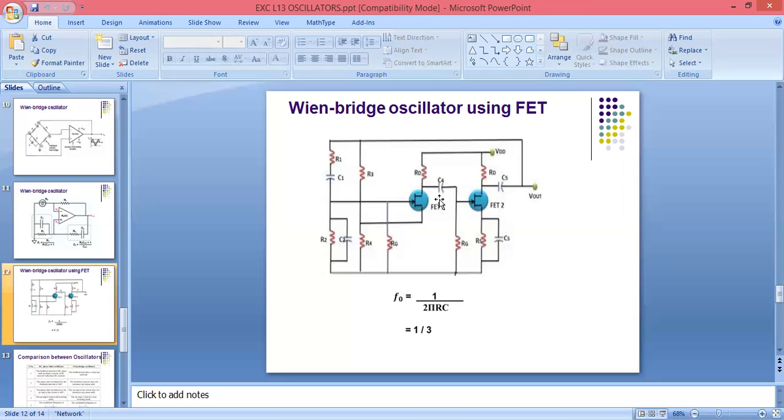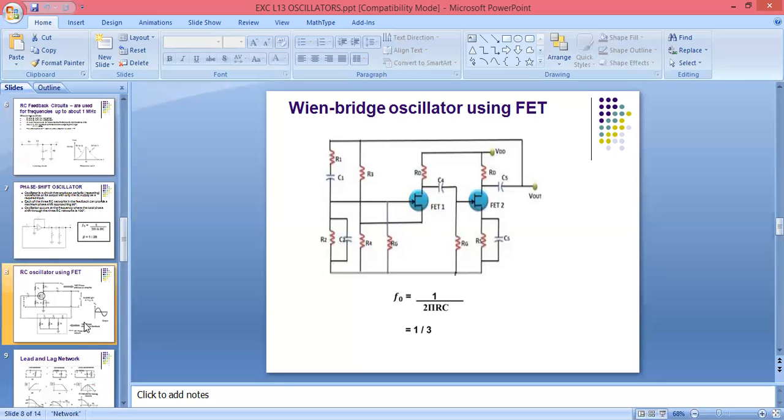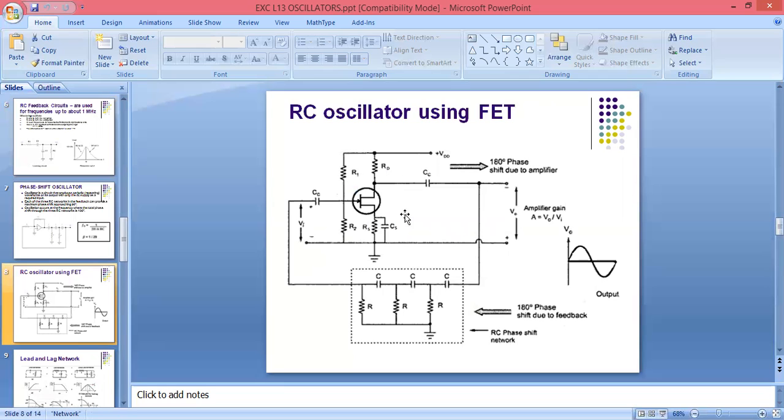And the net phase shift of two amplifiers will be 0 because one RC phase shift oscillator will give... We have seen the RC phase shift oscillator: if we are using only one RC feedback amplifier, we are getting 180-degree phase shift.